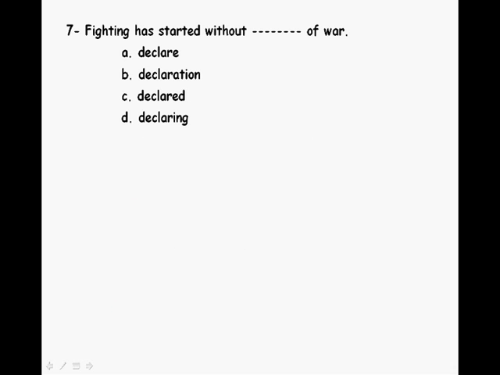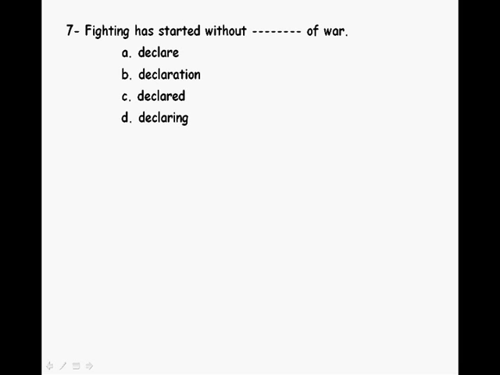Number 7. Fighting has started without of war. A. Declare, B. Declaration, C. Declared, D. Declaring. And the word declare means to tell, okay, to announce, to make it known for all people. So remember, we need a noun here.